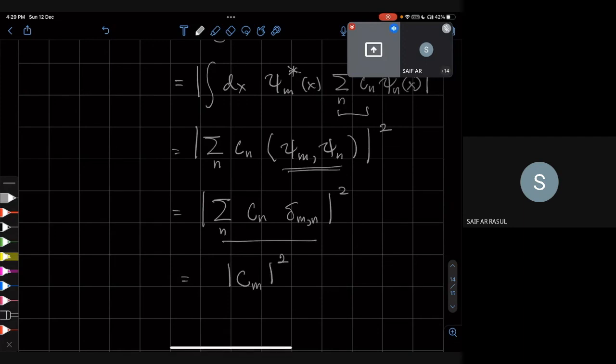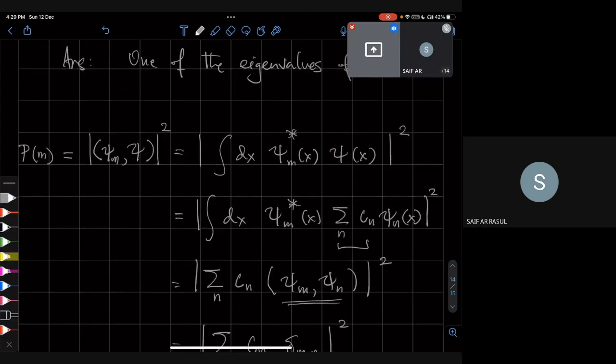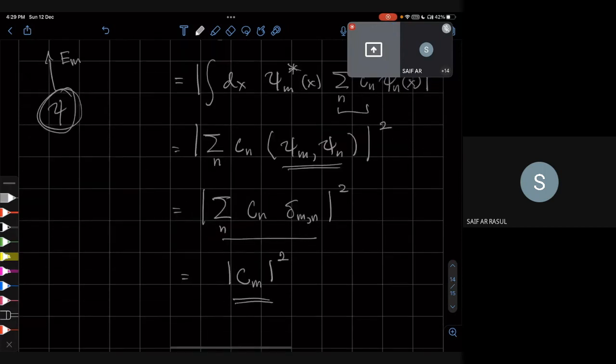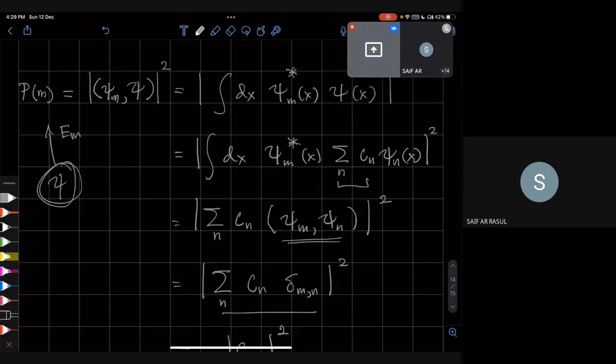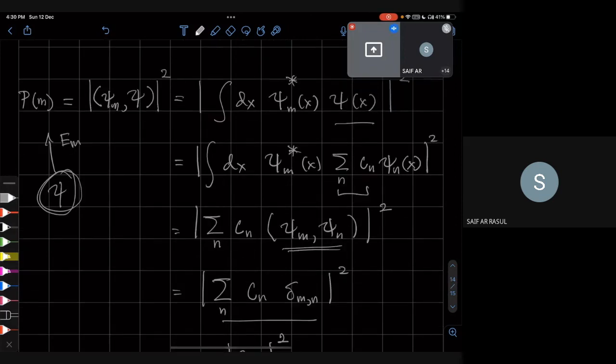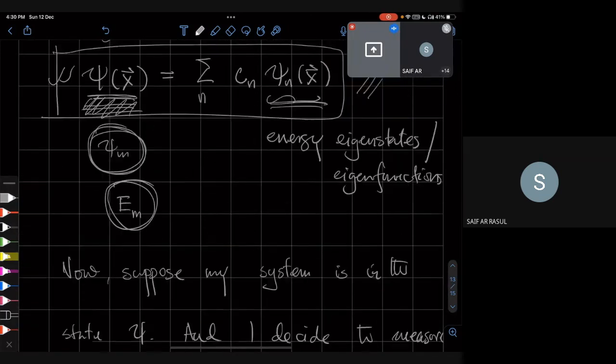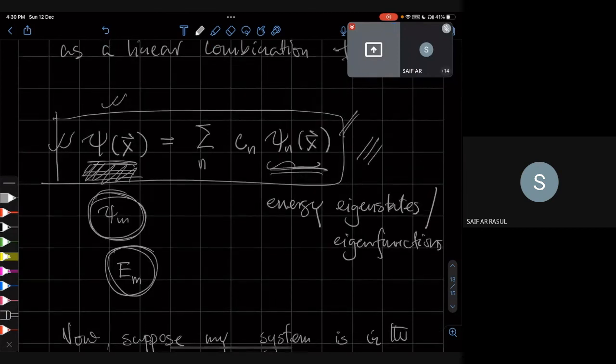So that is going to be the probability that if I make an observation on the system which is in state psi and measure its energy, then the energy will be Em. That probability is simply the square of the coefficient in the linear combination of the state psi expressed in terms of the eigenstates, okay? All right?